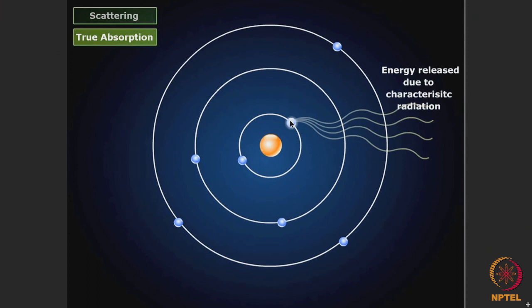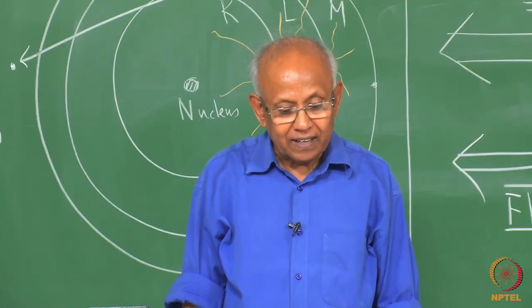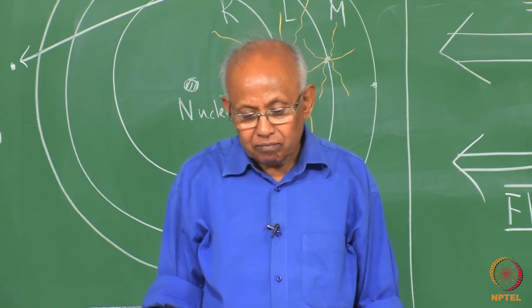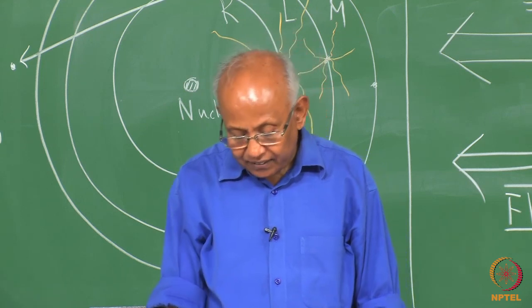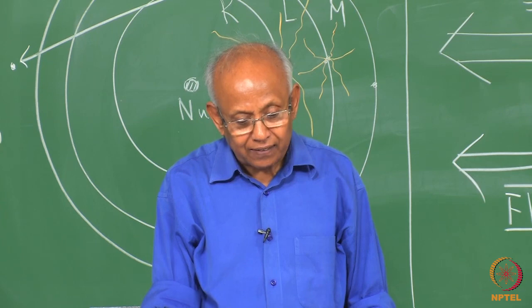So, these are the two ways by which energy will be lost, and so far as we are concerned, we can say that the material absorbs some amount of energy while giving away some. So, the scattering process and energy release due to the formation of characteristic radiation are the two ways by which absorption takes place in the material.